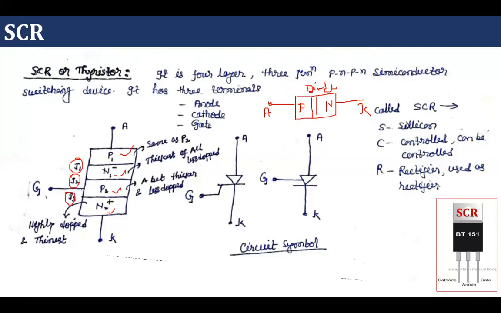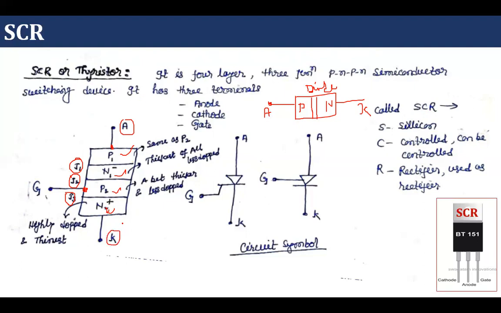The G terminal is connected to P2, the anode terminal is connected to P1, and the K terminal, that means the cathode, is connected to N2.